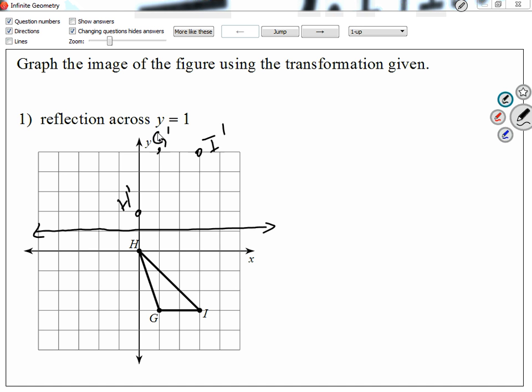Once again, looking at my G, I count my spaces from G to the mirror line. Ignore the axis, count to the mirror line. I count my spaces 1, 2, 3, 4. So my G prime should be 4 on the other side. Remember, the distance from one side of the mirror should be the distance on the other side.